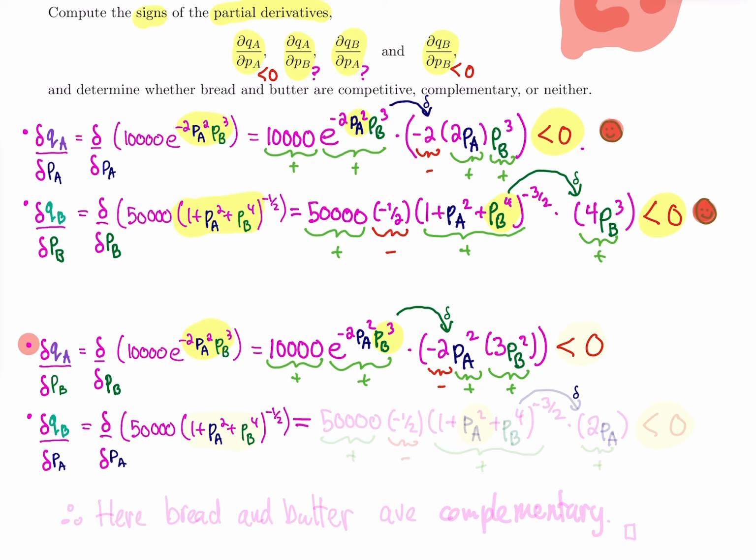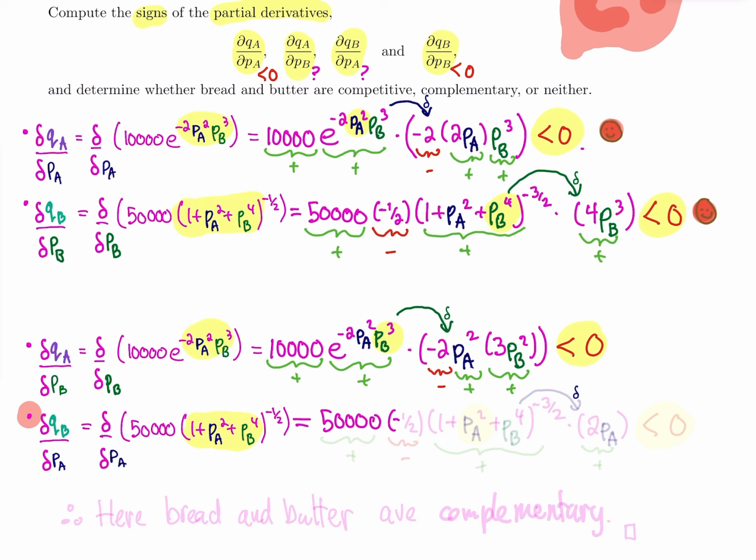Now let's verify that the other will also be negative, since this is what we're expecting. So again, here I have 50,000. So we're differentiating QB with respect to PA. So all our variables are inside that power of minus 1/2 again. So again, I'm going to use a chain rule. So the 50,000, that's just a coefficient that stays.